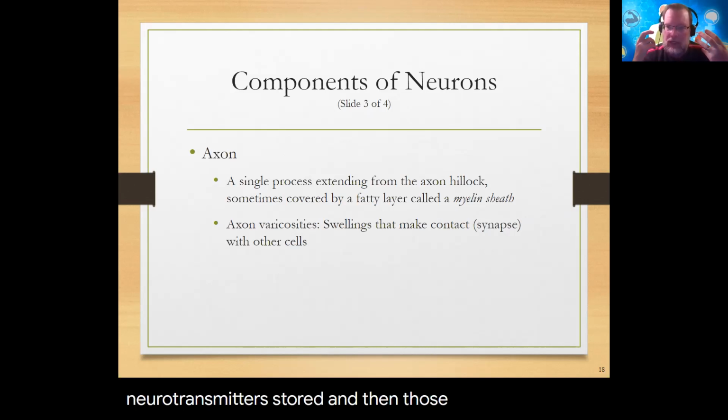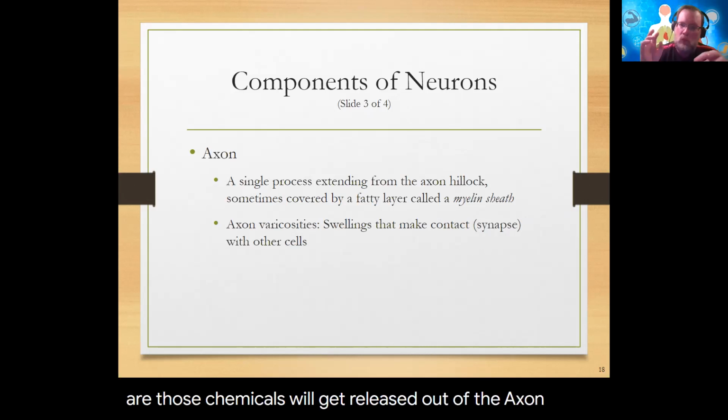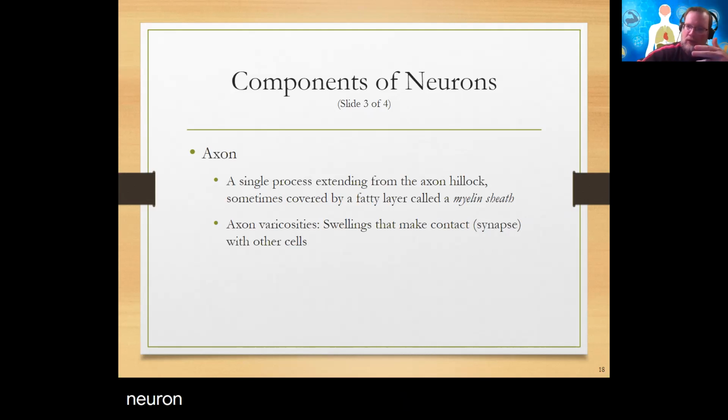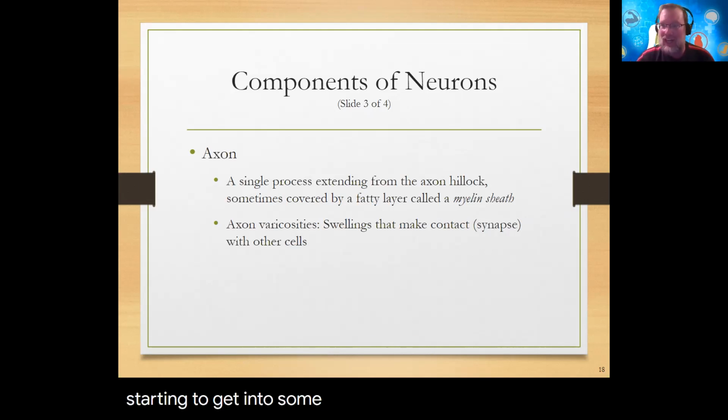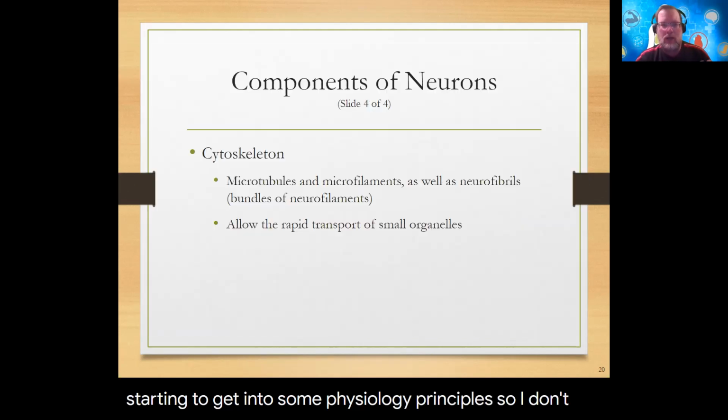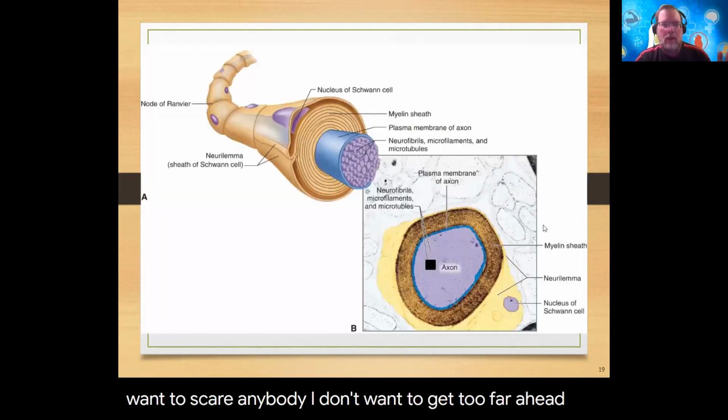And then those neurotransmitters, or those chemicals, will get released out of the axon of one neuron and then travel to the dendrites of a neighboring neuron. We're starting to get into some physiology principles. I need to reel it back in. So I don't want to scare anybody. I don't want to get too far ahead.